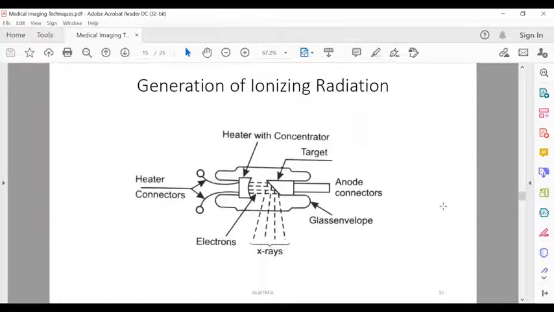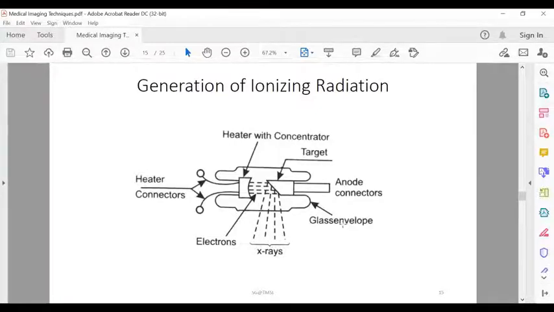Now how it is generated, here is a diagram. This is ionizing radiation generation. When fast moving electrons are suddenly decelerated by impinging on a target, X-rays are generated. Here the X-ray tube is a high vacuum diode with a heated cathode located opposite the target anode.